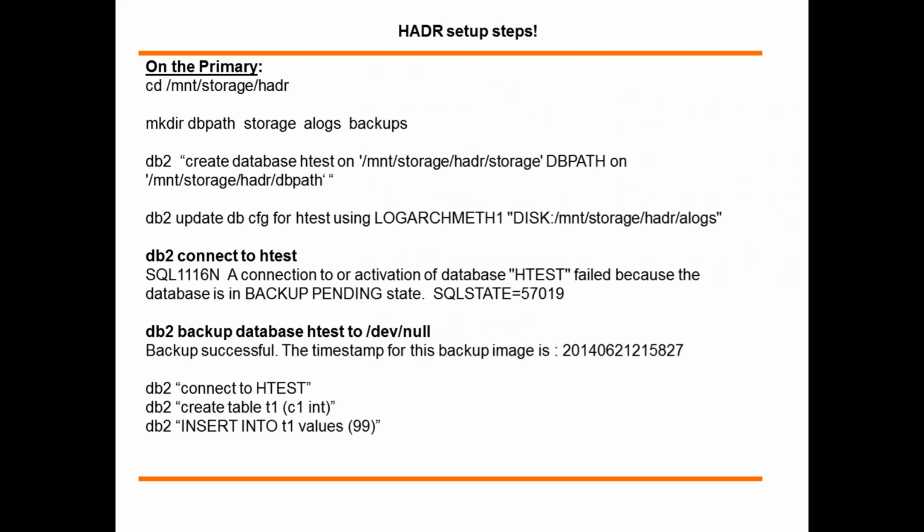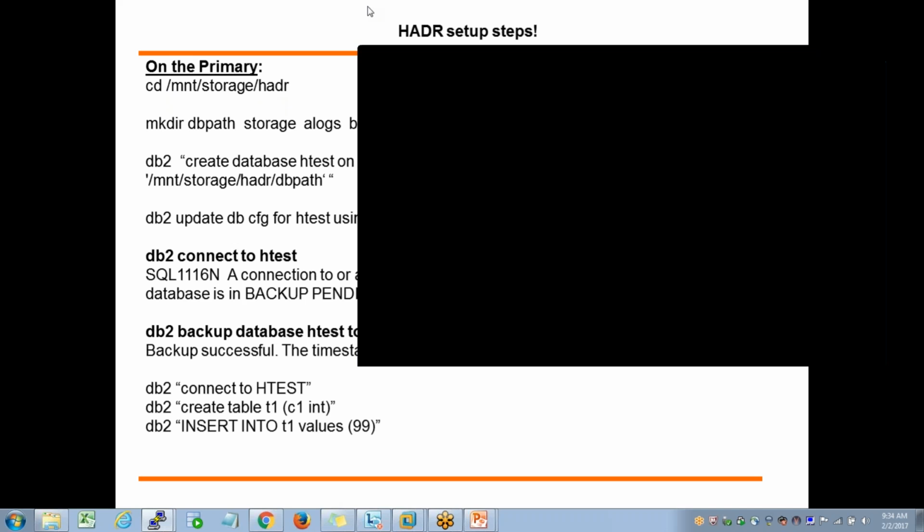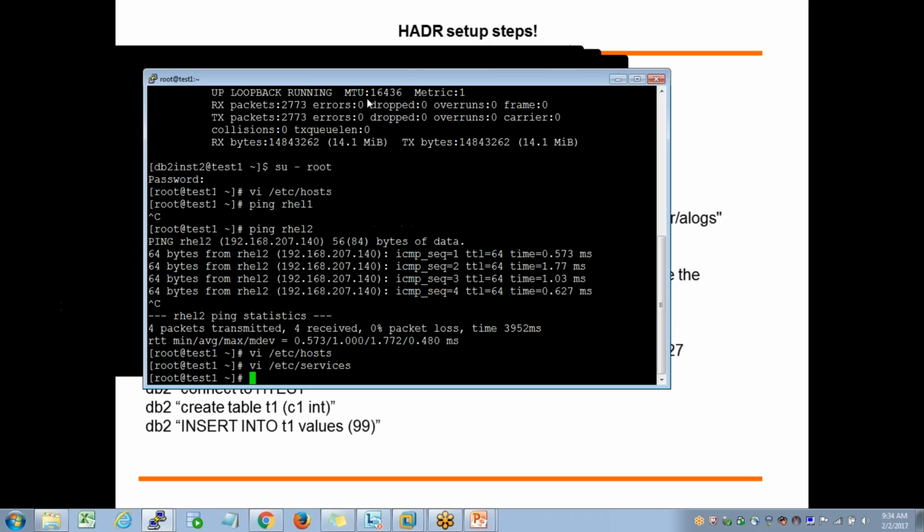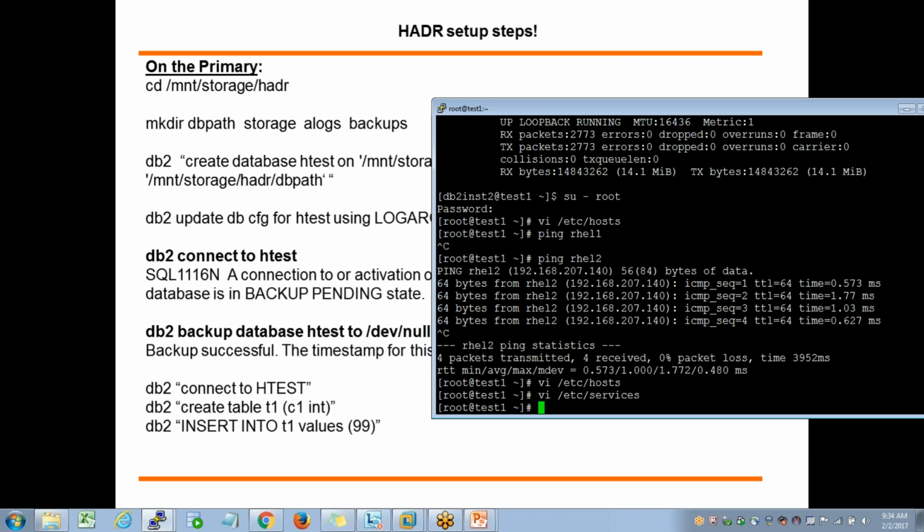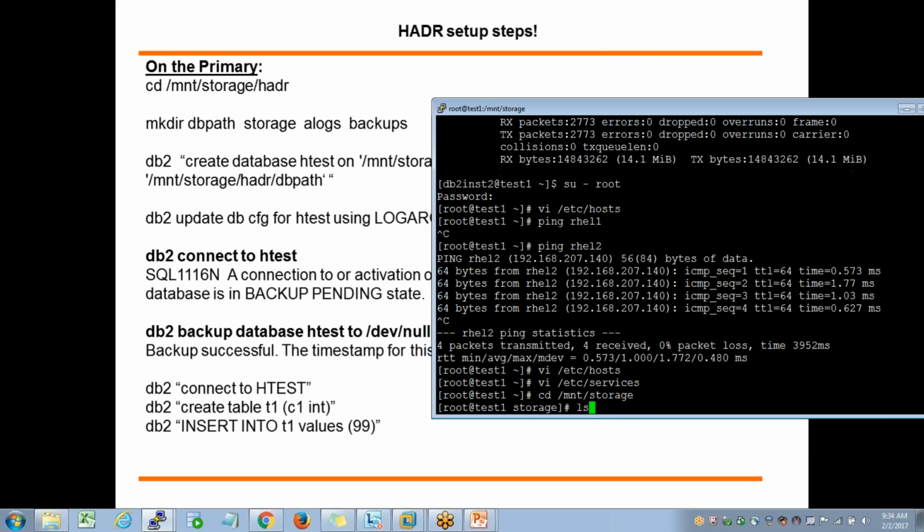Now I'll be following up with the HADR setup, the important setup. So I'll go to the primary box. I'll go to this directory. Do I have the directory created? I want to use this black and white screen as the primary one. I'll cd to the mount storage.